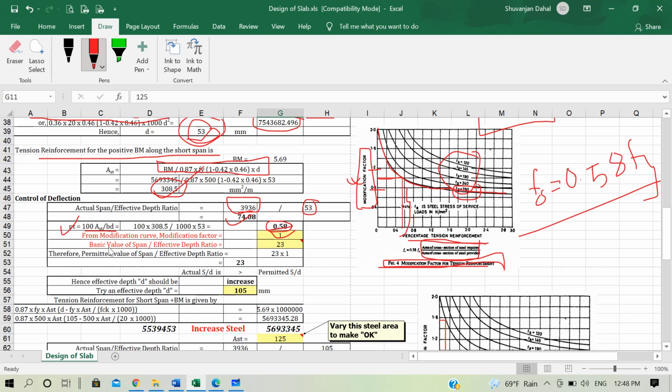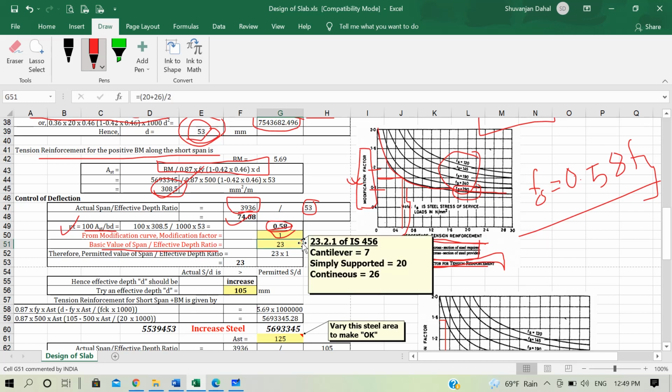And another criteria that we already saw in our first lecture, the basic value of span by effective depth ratio. We have various values of basic span by effective depth ratios. You can see this in clause 23.2.1.